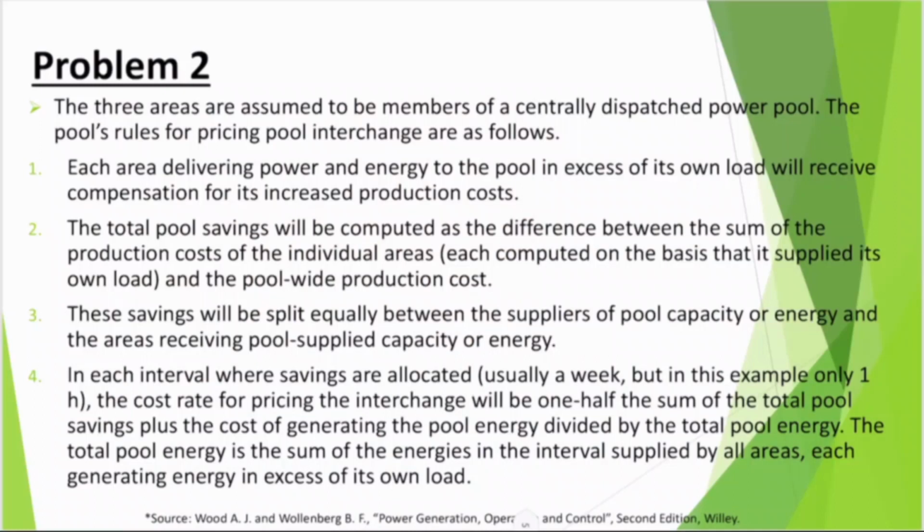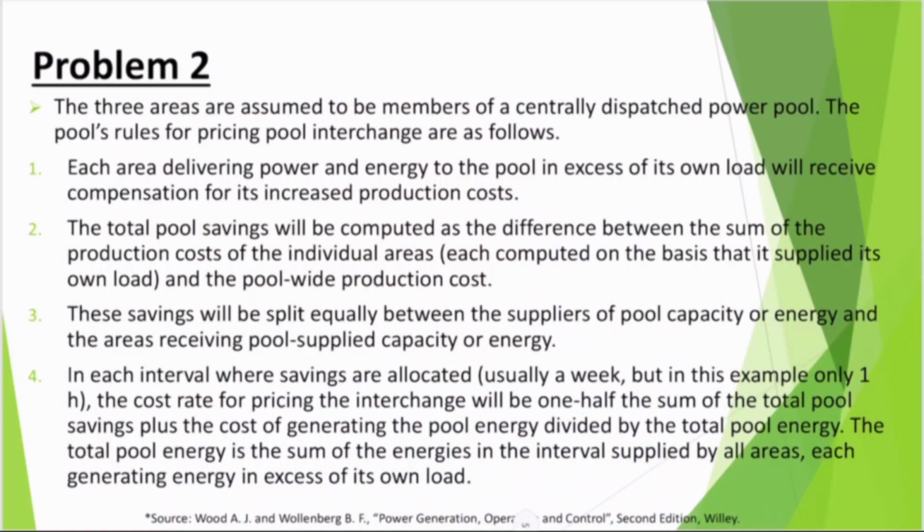The total pool saving will be computed as the difference between the sum of the production costs of the individual areas, each computed on the basis that it is supplied its own load, and the pool-wide production cost. These savings will be split equally between the suppliers of the pool capacity or energy and the area receiving pool-supplied capacity or energy.